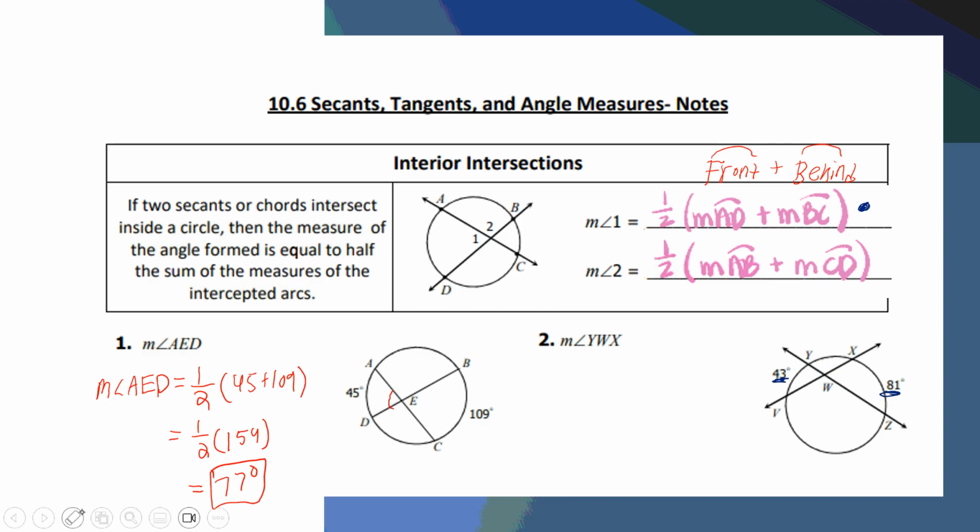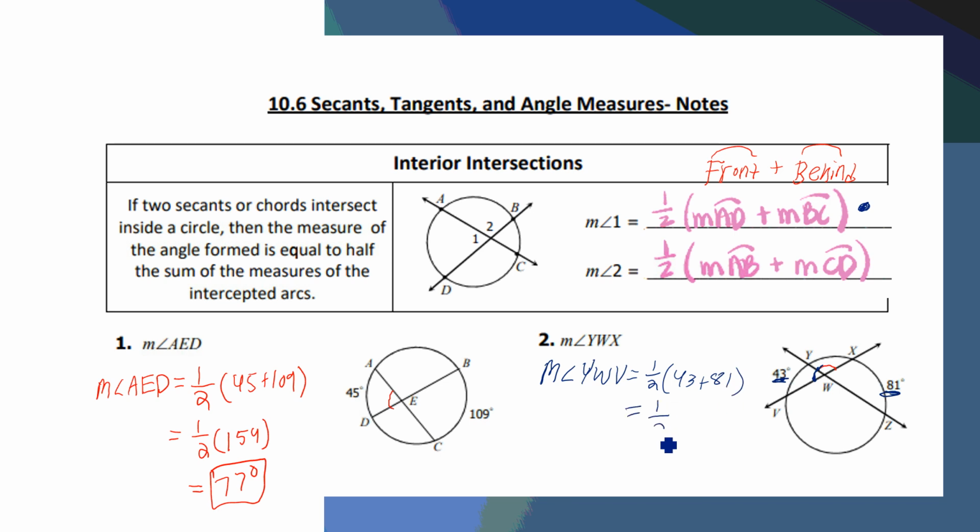So we want to find this angle, but the arcs they gave us correspond to, let's just choose this one. Again, it doesn't matter. And those two angles lie on a straight line together, which is a straight angle, so they're supplementary. They add to be 180. So, okay, let me find the measure of angle YWV. So that's going to be 1/2 of 43 plus 81.